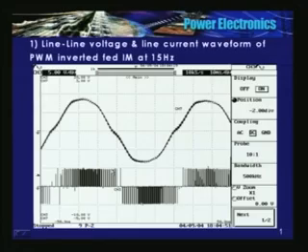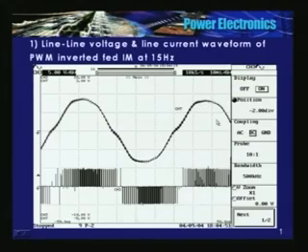The frequency of this current waveform drawn by the induction motor is of the order of 15 hertz. And this is a line to line voltage waveform. See, it has a large number of small pulses.